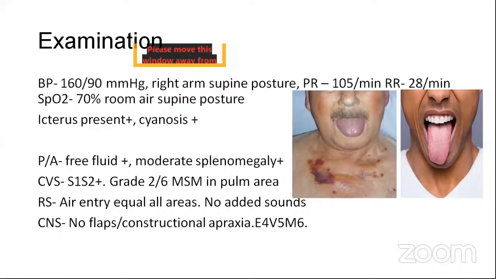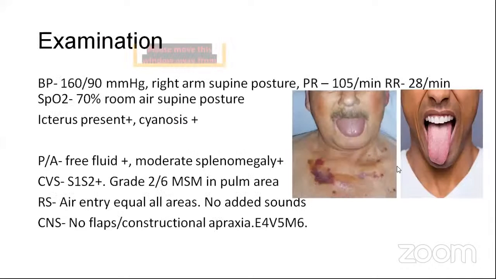Systemic examination showed a moderate splenomegaly with evidence of free fluid in the form of shifting dullness. Cardiac examination showed a grade 2 out of 6 mid-systolic murmur in the pulmonary area. Respiratory system was unremarkable, with neurological examination revealing no signs of hepatic encephalopathy.